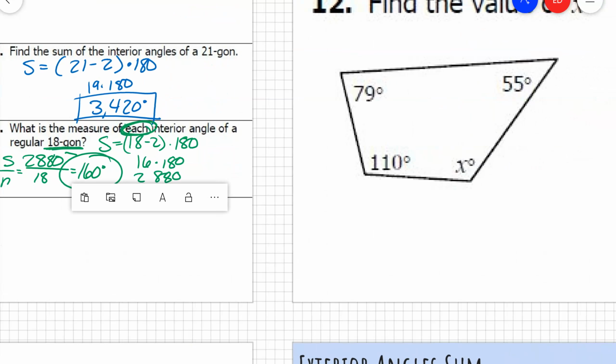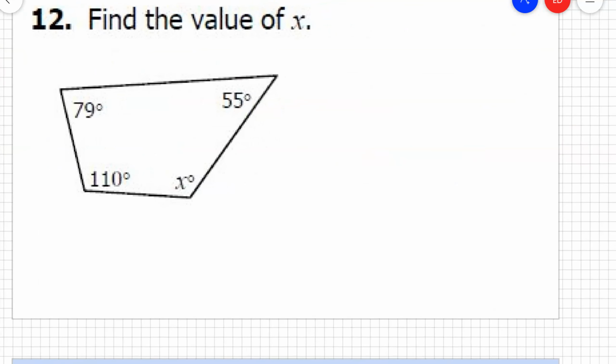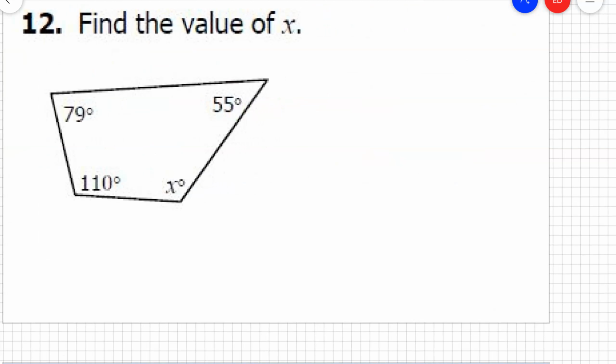So we did some interior, but before we do that, let's go ahead and take a look at some practice. Sorry about that. Okay, so we're going to find the missing measure of x. We have how many sides there are. So the number of sides equals 4 sides. Okay, so it's a quadrilateral.